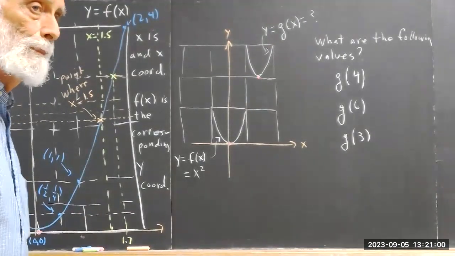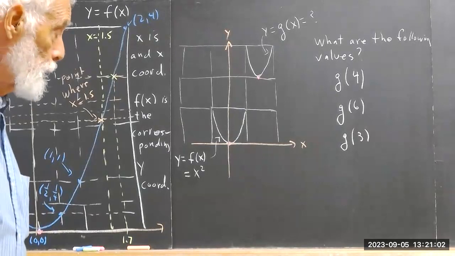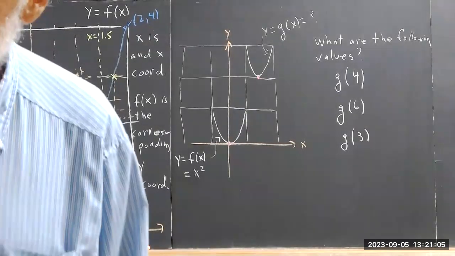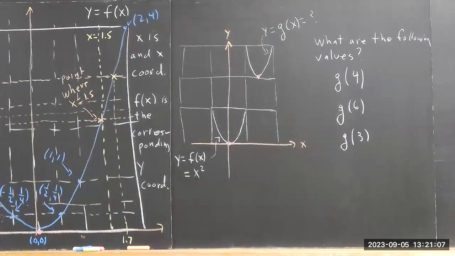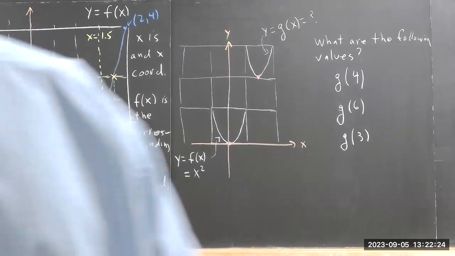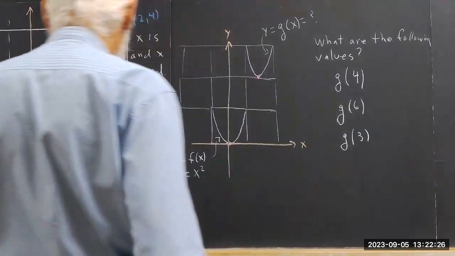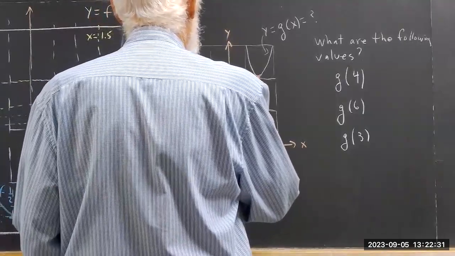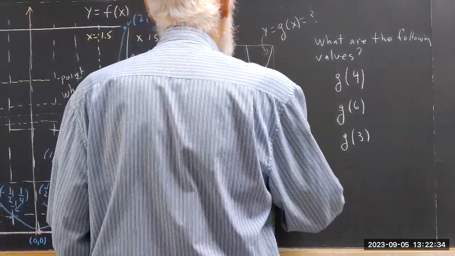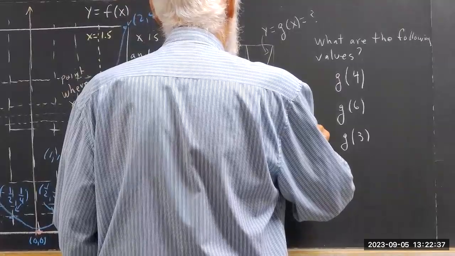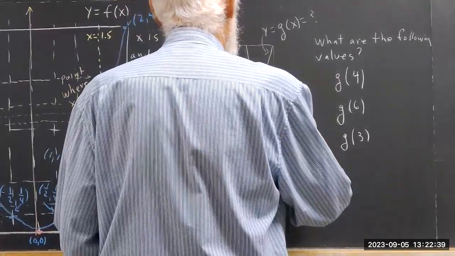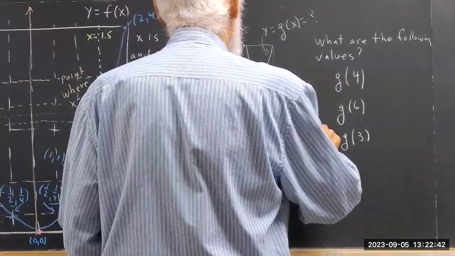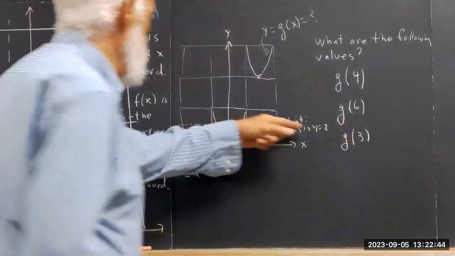G of 4, G of 6, and G of 3. I recommend that you start estimating G of 4 by sketching the line x equals 4. Okay, hint. This would be the line y equals 2.